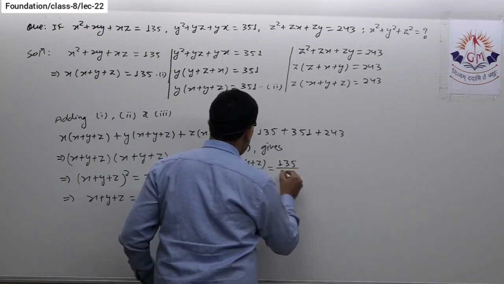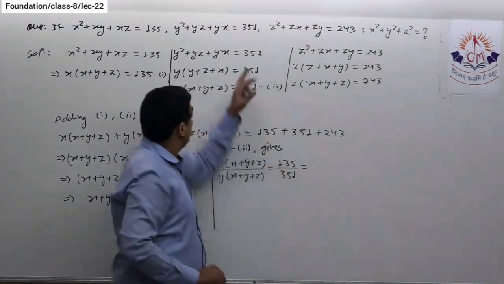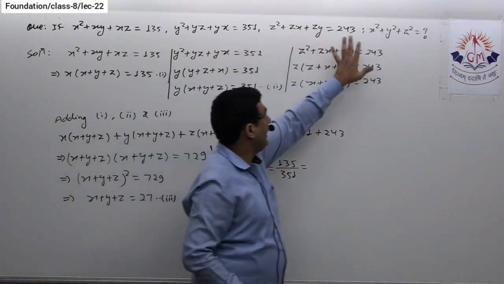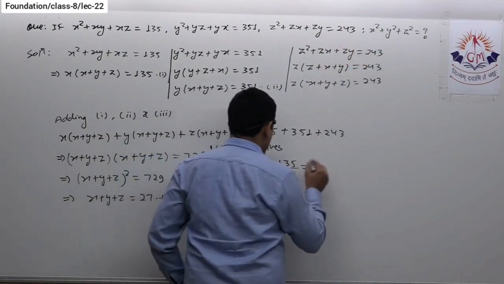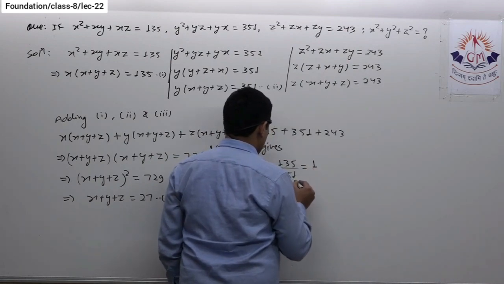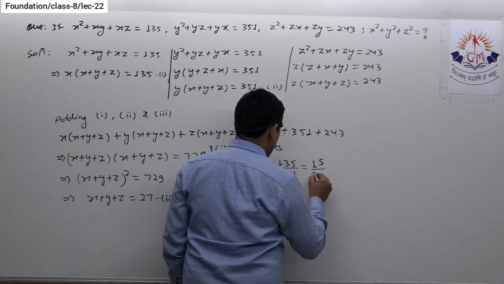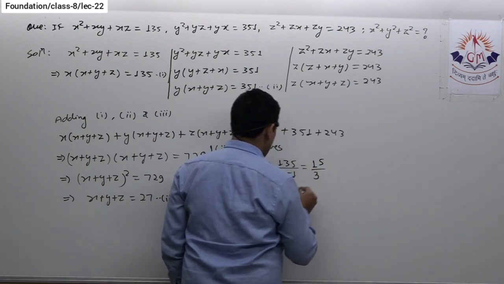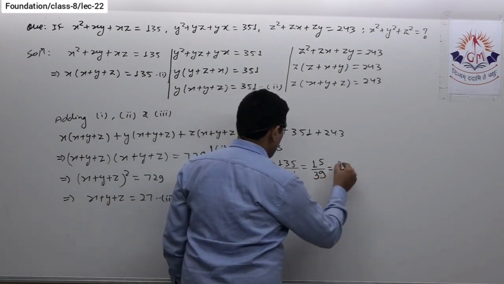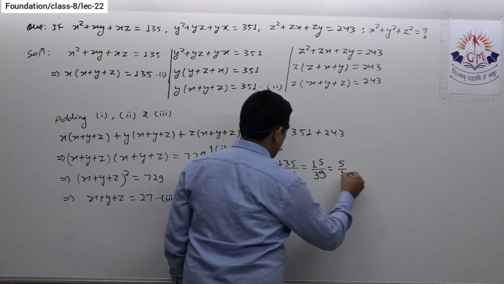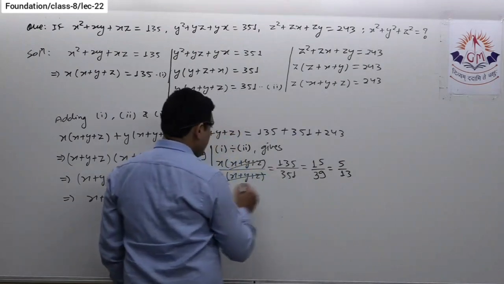135 upon 351. Now if you observe, these three numbers, 135, 351 and 243, are all divisible by 9. So if I divide by 9, this also cancels out.